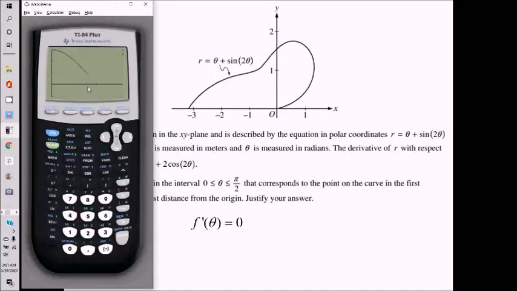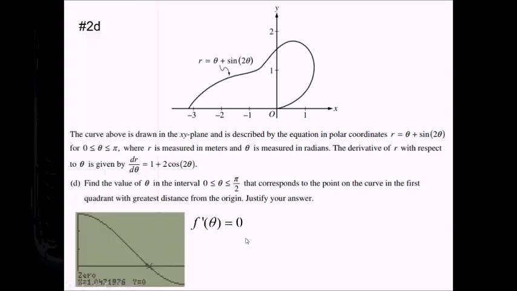So it looks like it's going to happen right about here, almost at 1 maybe. Let me do second trace, option 2 for zeros, and let me click enter a little bit to the left and a little bit to the right, and then one more time to get my value of 1.0472. There we go.